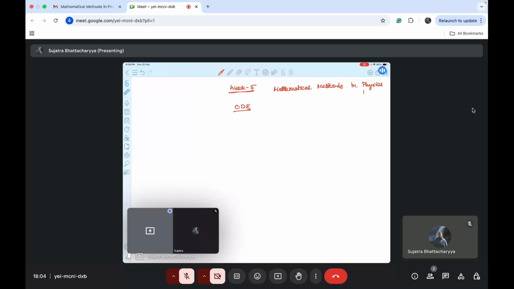Then we will go for second order differential equations with constant coefficients. This week is focused on the homogeneous equations. Then a question comes: what is a homogeneous equation, what is an inhomogeneous equation. We will talk about all these in detail.